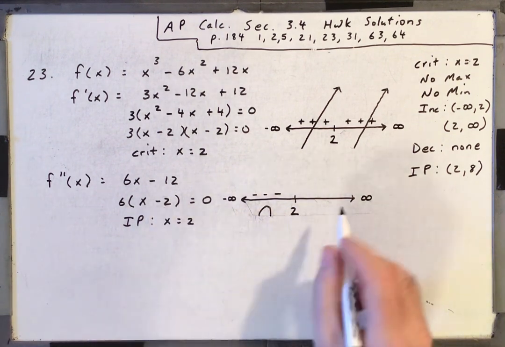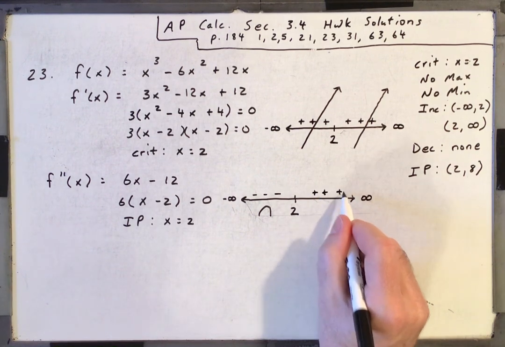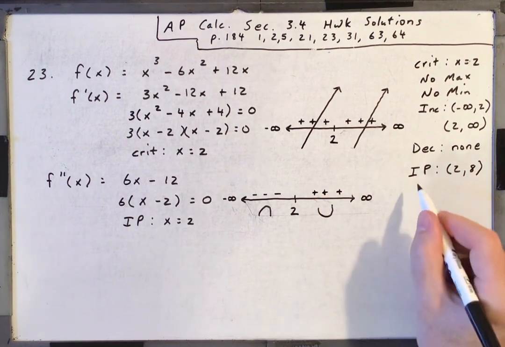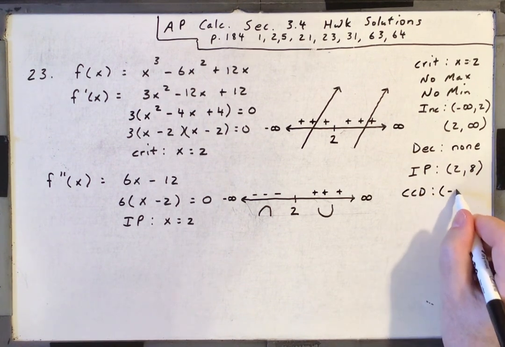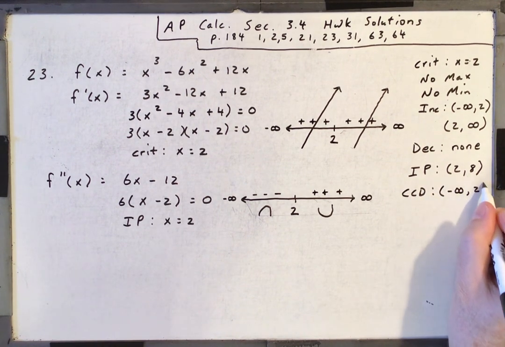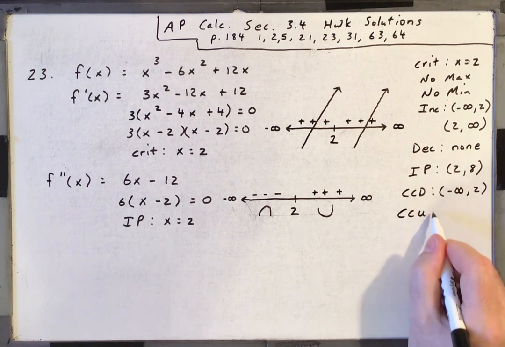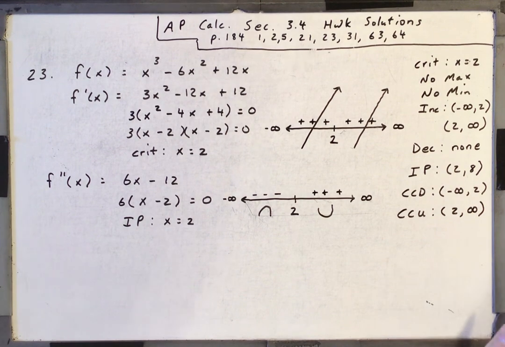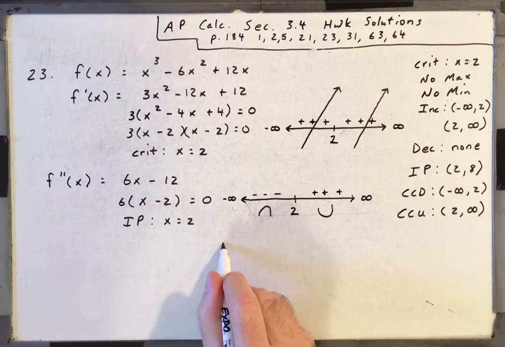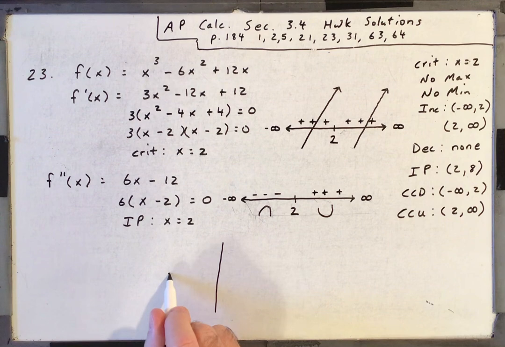And then anything greater than 2, we're going to be positive, so concave up. So we are concave down from negative infinity to 2. Concave up from 2 to infinity. That's all the information. Now we need to have a rough sketch.